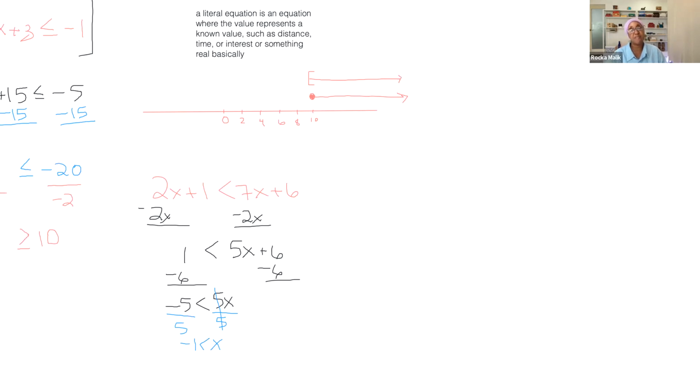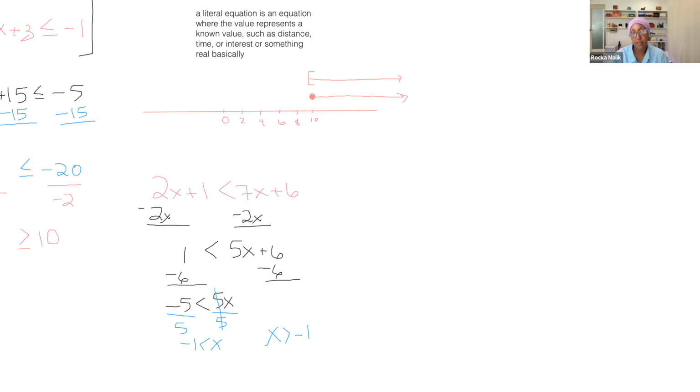And now I can just flip the thing like this. So if minus 1 is less than x, then x is greater than minus 1. I mean, it looks more normal that way.